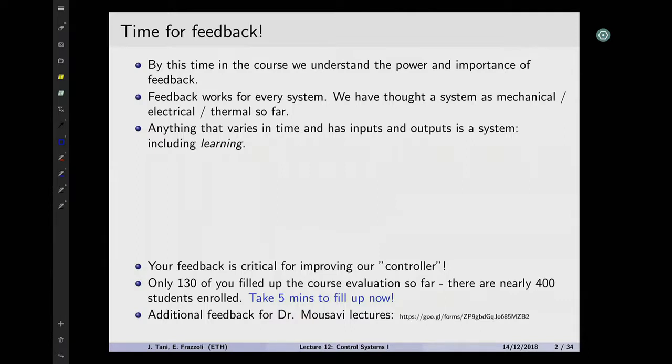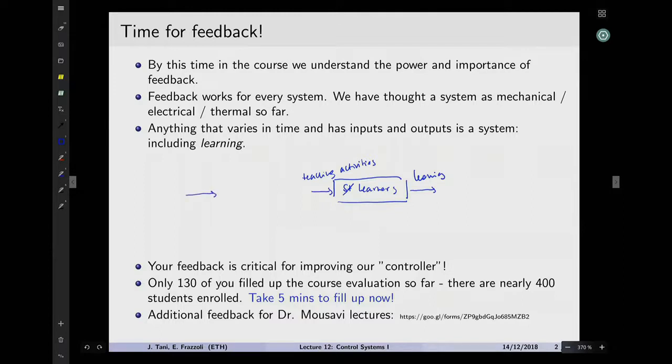Actually, if you think about it, when we teach a class like this one, we're given a plant, which is basically not students but learners, that receive as inputs some kind of teaching activities and produce as outputs some, let's call it, learning. So hang on with me.